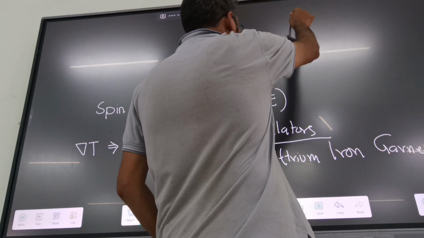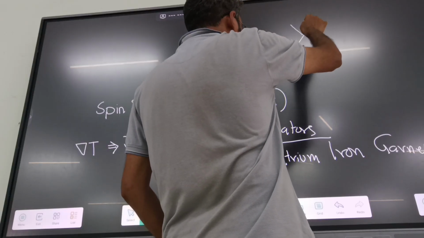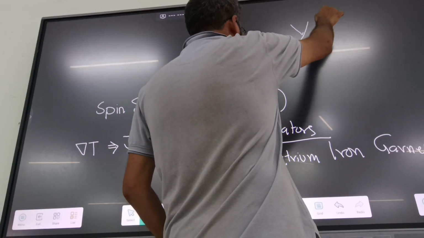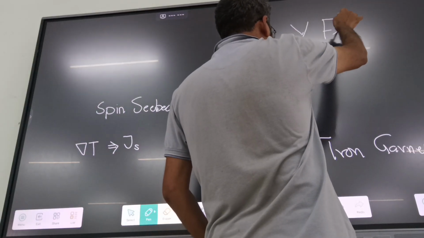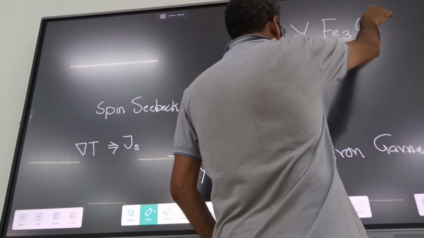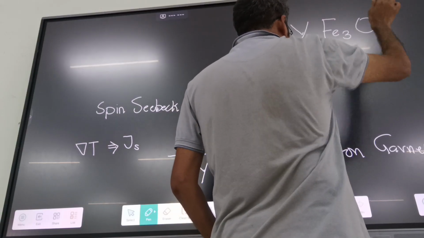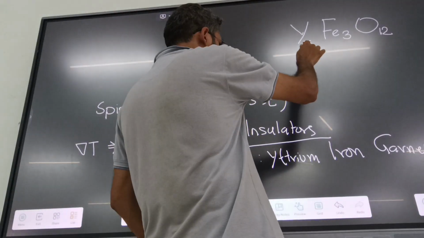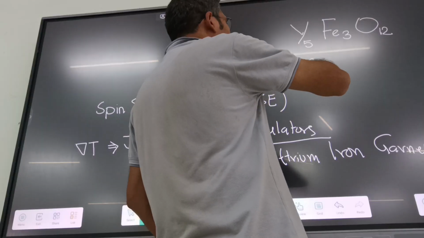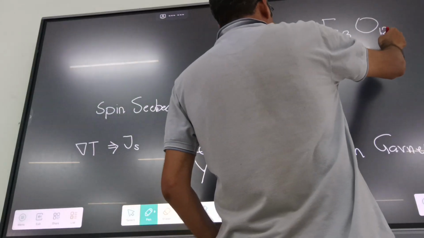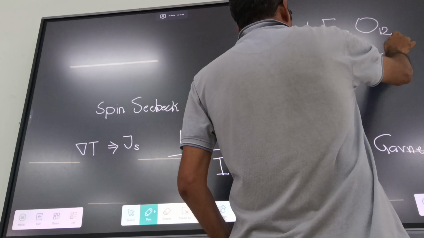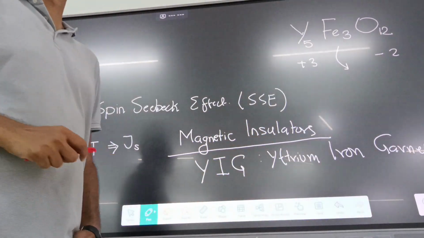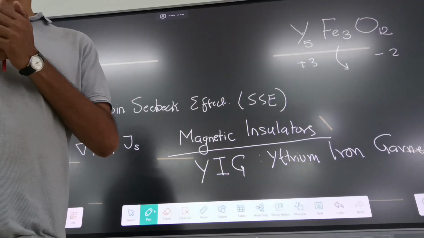So ये formula है Y5... तो यहाँ पे yttrium है in oxidation state +3, right? This is in oxidation state -2. Oxidation state कितना होना चाहिए यहाँ पे? What should be the oxidation state of Fe?